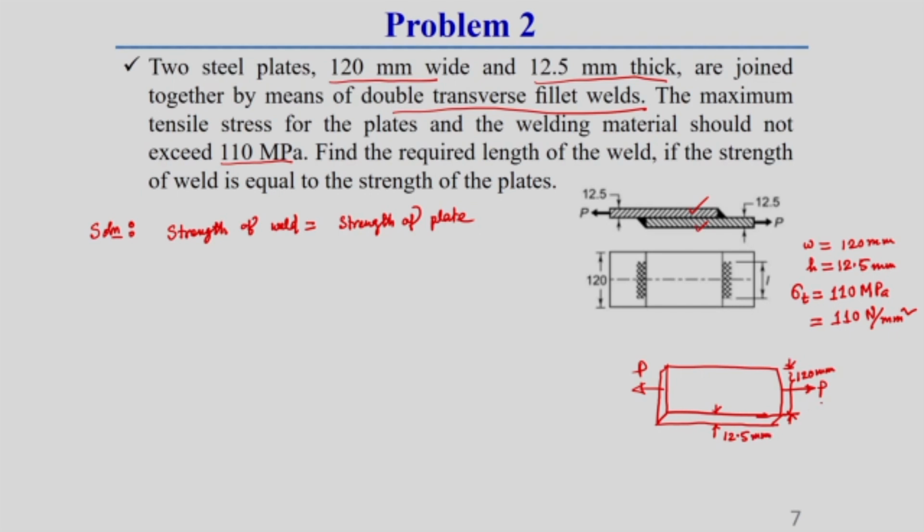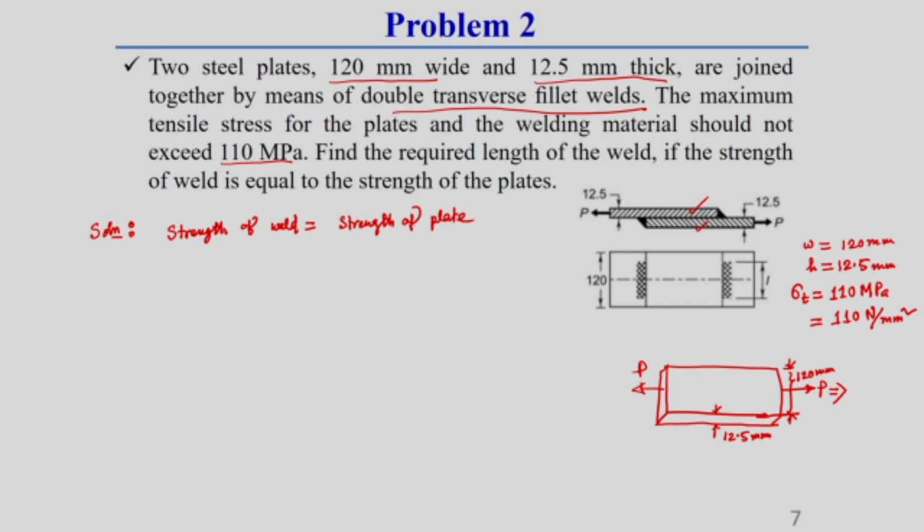Now, if this plate is subjected to load P, then what should be the stress inside this plate? That we can easily find out, because we have to find the maximum tensile load for the plate. Here we have to find out the required length of the weld.